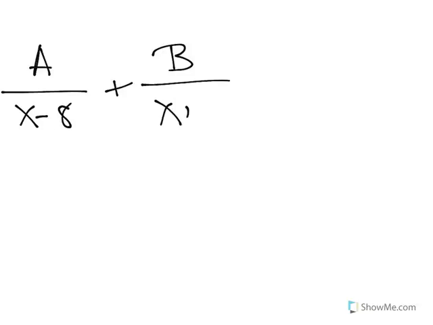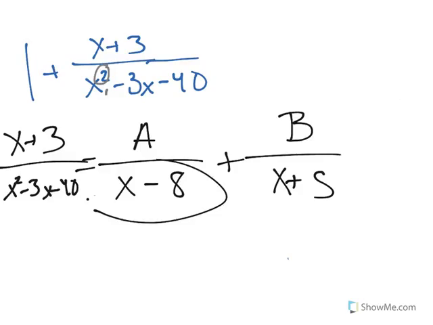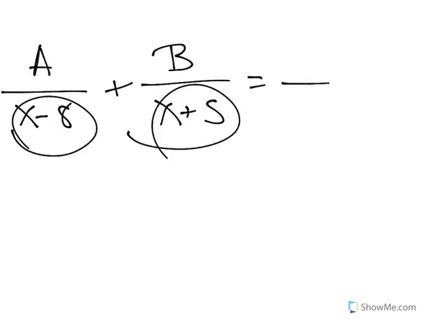Okay, so here we will put into practice what we learned before on how to add rationals. So we have a over x minus 8 plus b over x plus 5. And if we were to add them, remember that we must find the common denominator. Here it's very easy. We know that both of them are factors of this polynomial, so it's very straightforward that their common denominator is just x squared minus 3x minus 40.